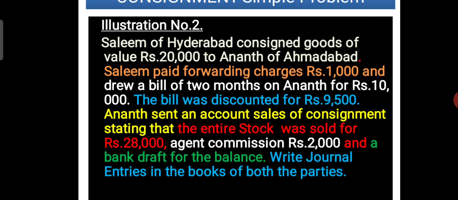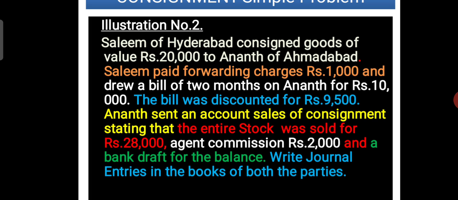Salim of Hyderabad consigned goods of value ₹20,000 to Anant of Ahmedabad. So it is the first sentence. Okay students, Salim of Hyderabad consigned goods of value ₹20,000 to Anant of Ahmedabad.